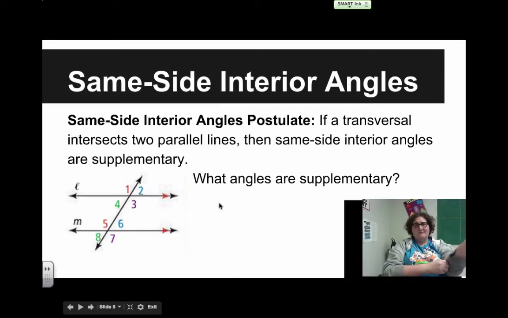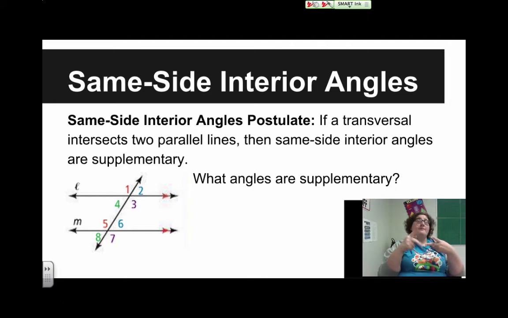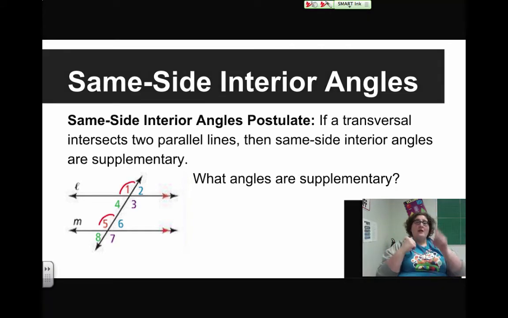Same side interior angles. We said before that angle 1 was congruent to angle 5, and angle 1 was congruent to angle 3 because of vertical angles, and 5 and 7 are congruent because of vertical angles. We also said angle 2 was congruent to angle 6 by corresponding angles, and 2 and 4 are congruent because of vertical angles, and 4 and 8 are congruent either by corresponding angles or 8 and 6 by vertical angles.